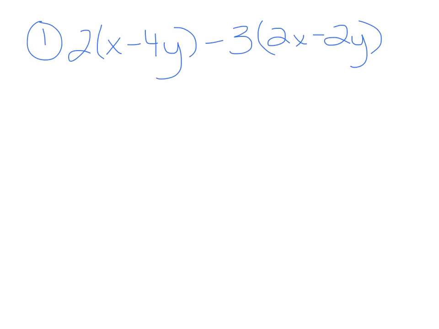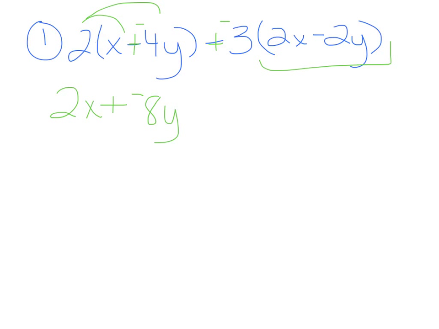Okay, let's do one like that. Alright, so we want to distribute first. So we have 2 times x gives me 2x. Remember, this would be like plus negative 4y. Okay, so 2 times negative 4y gives me plus a negative 8y. Right, when I have minus 3 here, it's the same as plus a negative 3 times everything in this parentheses.